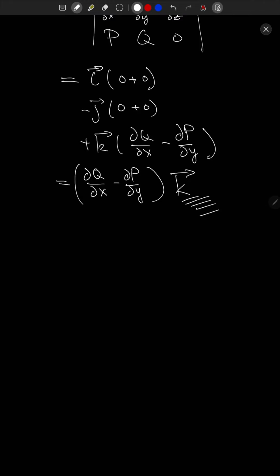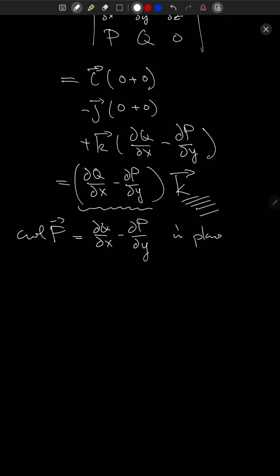So for the purposes of two dimensions only, for the purposes of the plane only, we just take this part right there. So the curl of F is equal to that part, dq/dx minus dp/dy, in the plane. Just to emphasize that. Okay, so that's our formula for the curl.